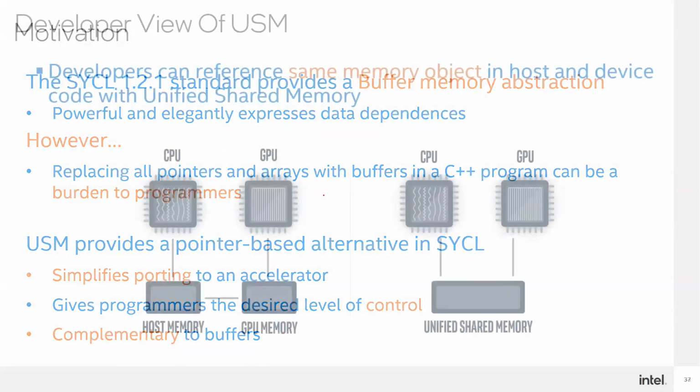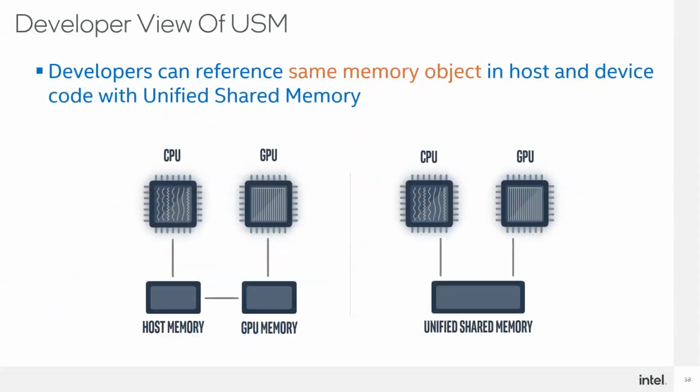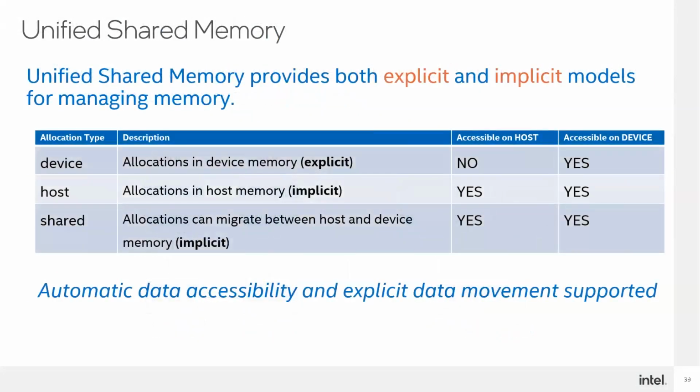And that's why there is an alternative approach called unified shared memory, and by the name it's obvious that the idea is that we're unifying the memory between CPU and GPU, between host and accelerator, and allowing to reference the same memory object, right? So you can use the same pointer from both the host and device side.